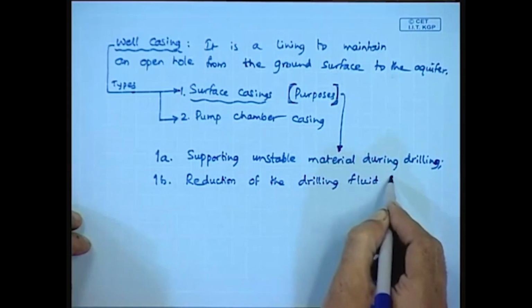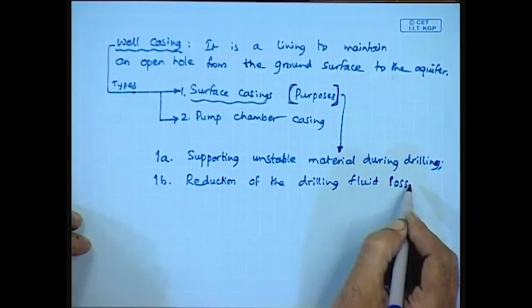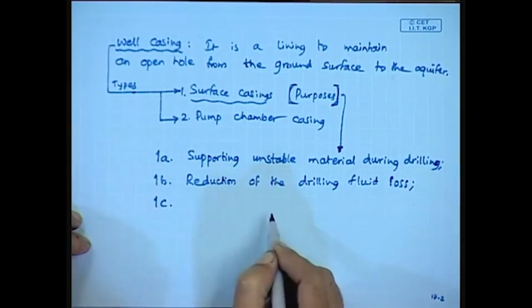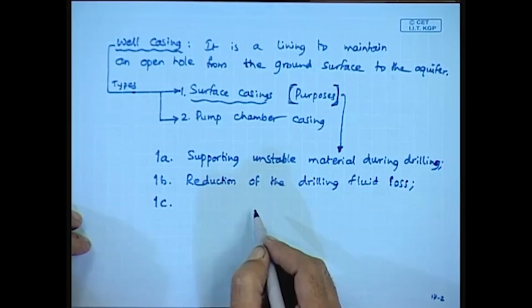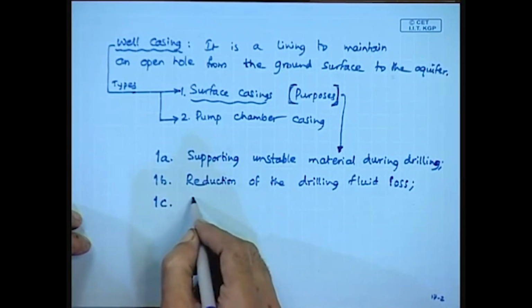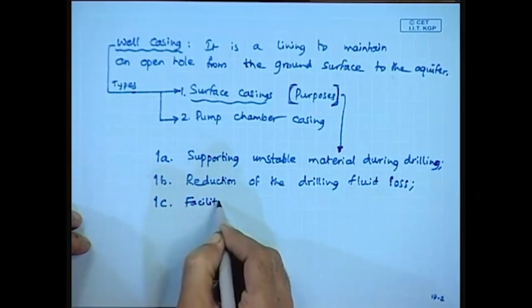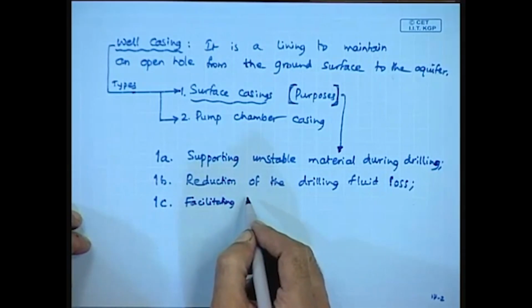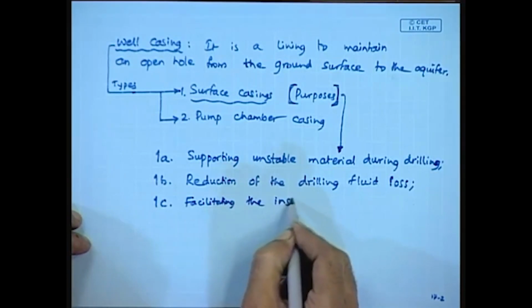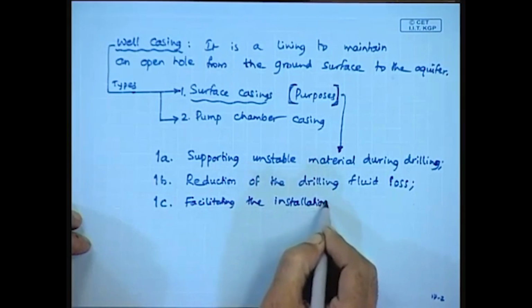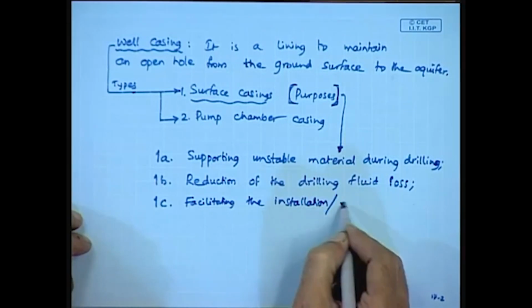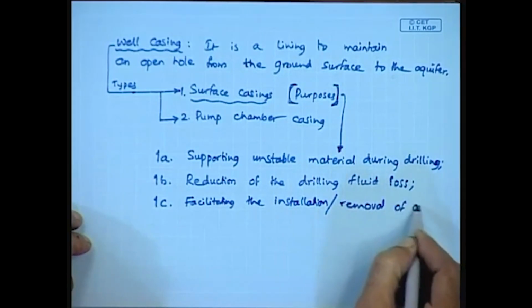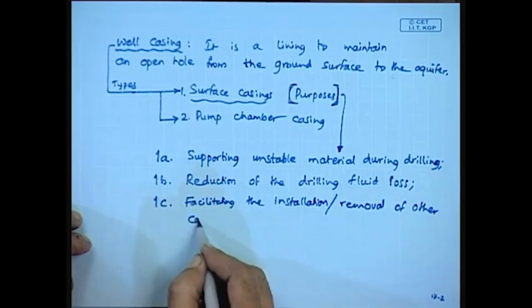So this purpose is also achieved by surface casings. The third purpose is facilitating the installation or removal of other casing.